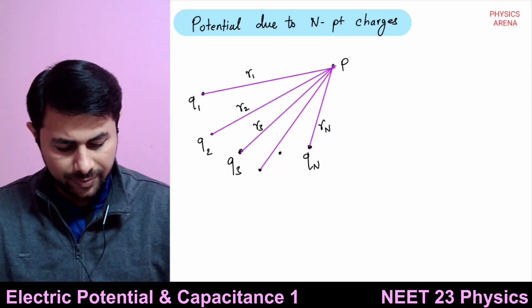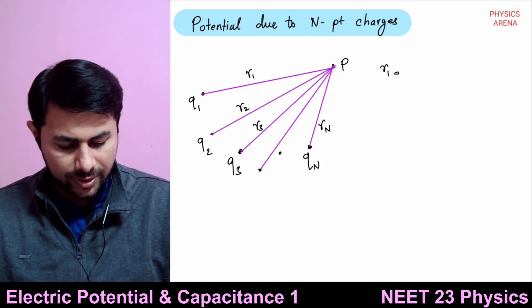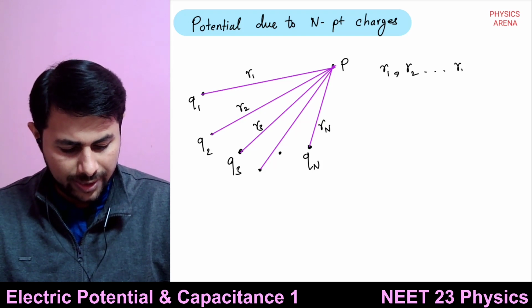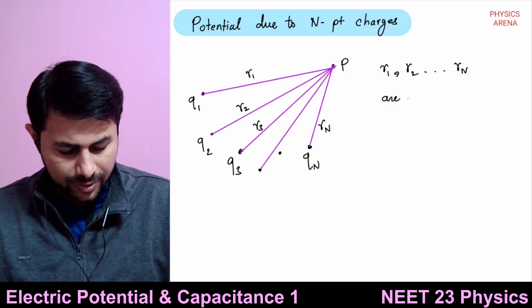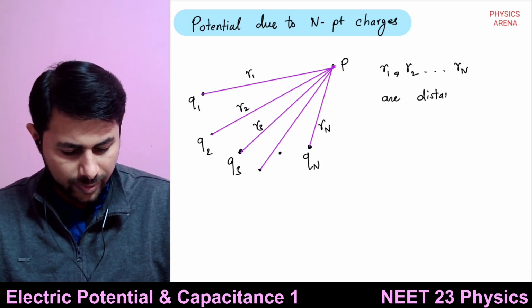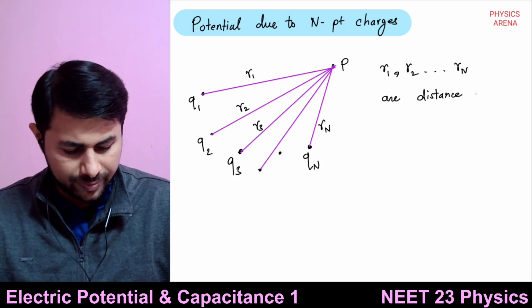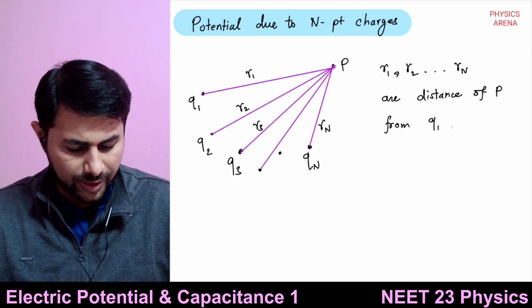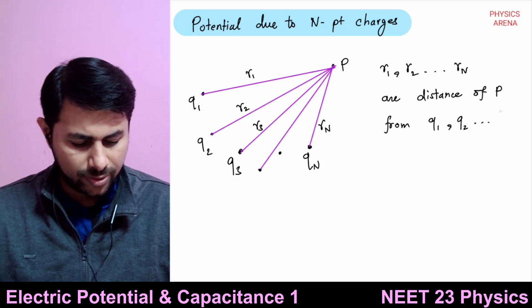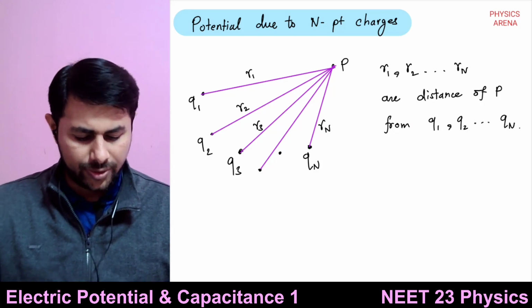Then what can we say? So R1, R2 up to Rn are distances of point P from charges Q1, Q2, and so on up to Qn.